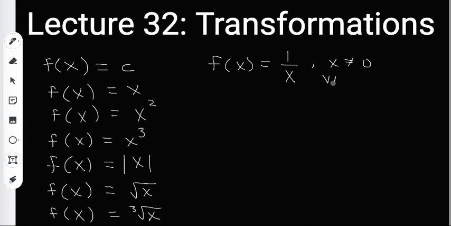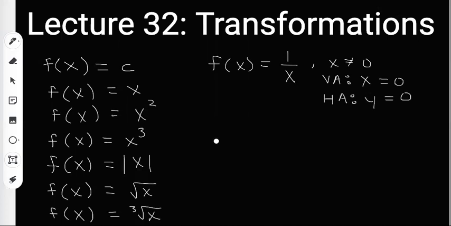So this has a vertical asymptote at x equals 0, but it's also going to have a horizontal asymptote at y equals 0. So 2 important things to know about the reciprocal function. That's where we start to see asymptotic behavior.